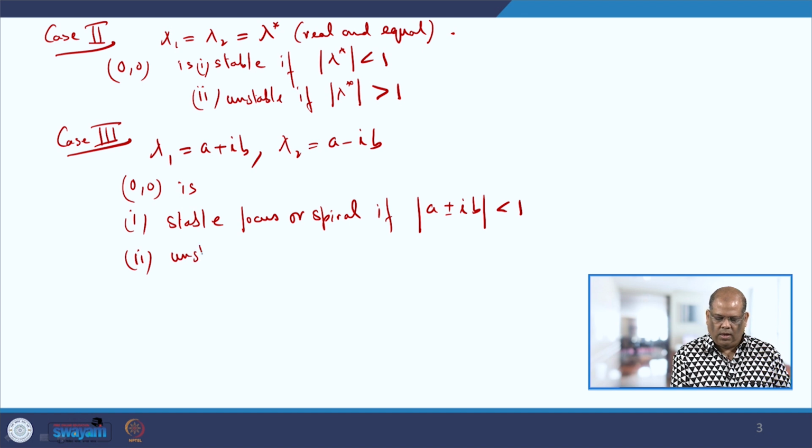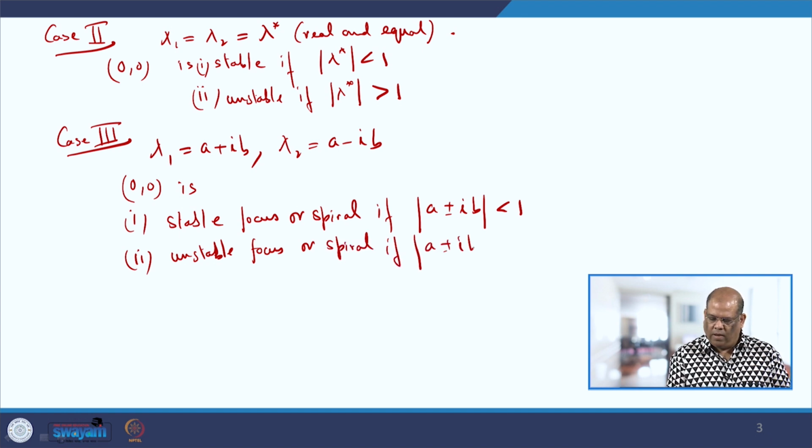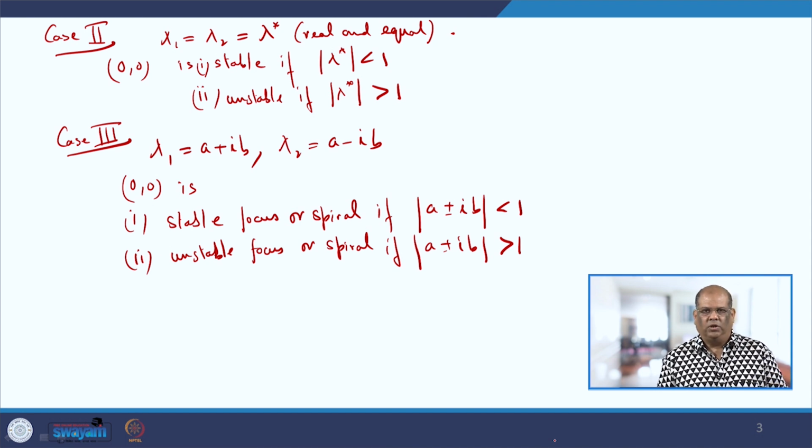It is an unstable focus or spiral if mod of a plus minus i b is greater than 1. Now, in all these cases, if the eigenvalue modulus becomes equal to 1, we cannot get any conclusion. Further investigations are necessary.